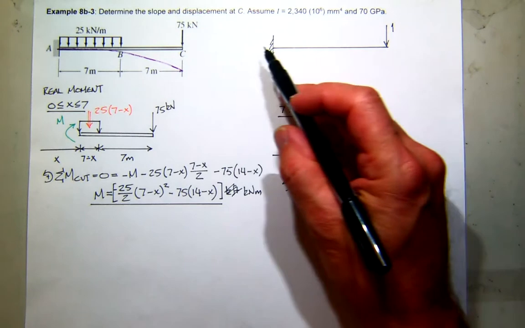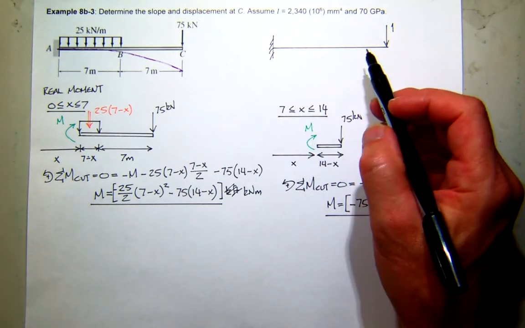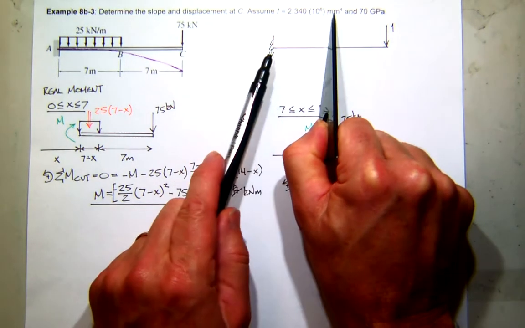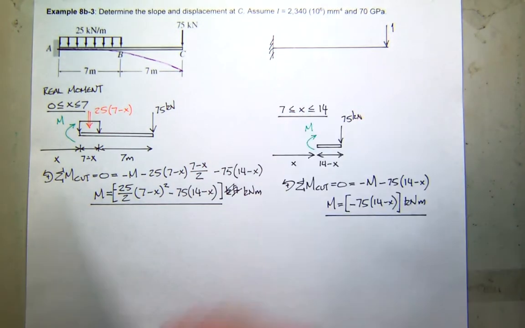How many equations for a moment do I have to write here? Just one. So I'm going to cut it here. You want to work the left side or the right side? The right side. I think the right side is the winner.